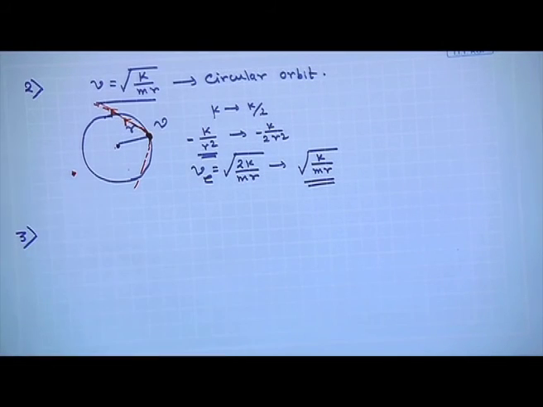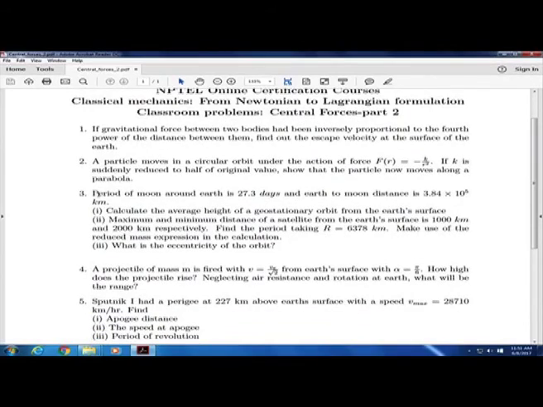All you need to show is that the particle which was moving with a certain velocity, when the force constant reduces to half, becomes the escape velocity of the particle, and that is it. And when it moves with an escape velocity, you immediately know that it is moving in a parabolic orbit, hence proved.